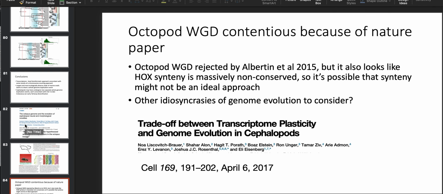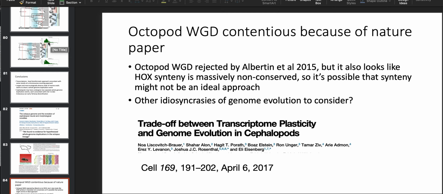So the conclusion here is that we have two lines of evidence that are independent of each other. We have chromosome counts, and we have this transcriptomic approach with the KS plots that suggest that there was at least one ancient whole genome duplication event in the cephalopods, if not two. But then these people who very carefully sequenced a whole genome of an octopus say that there's no way.